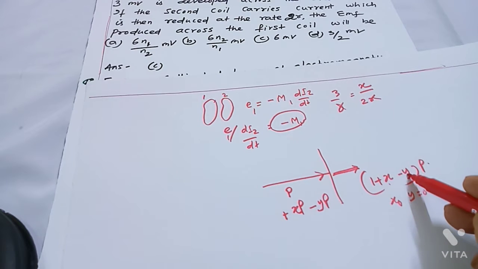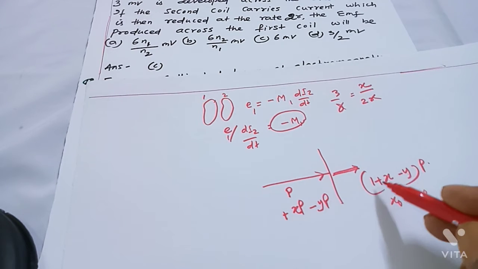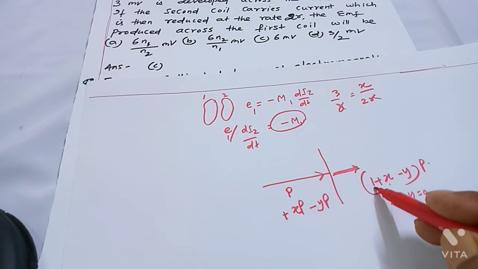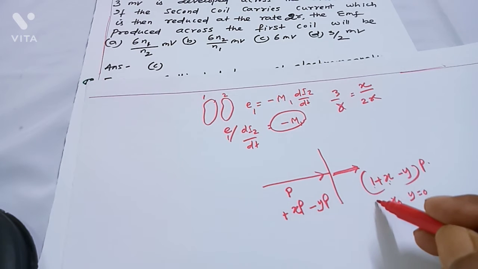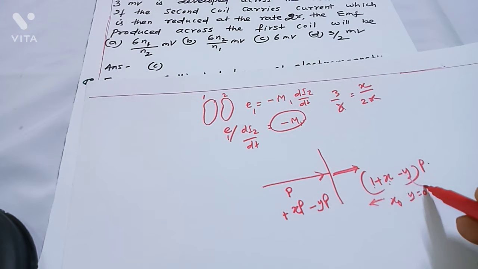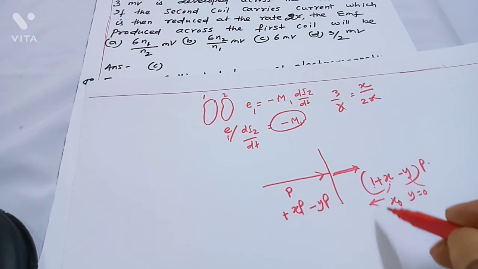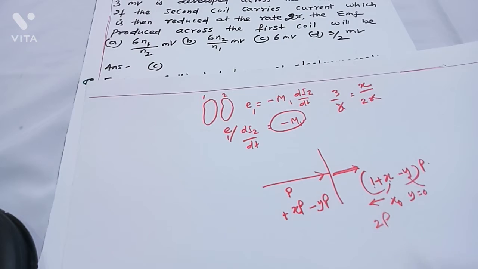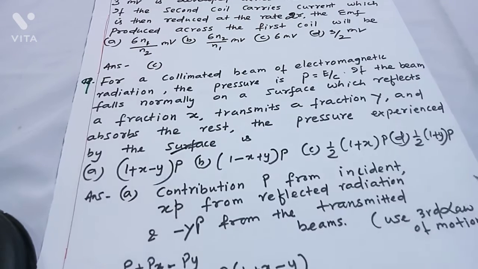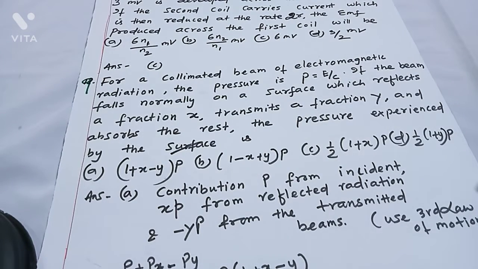Then the pressure exerted is equal to P. Supposing all the energy incident gets reflected, then Y equal to 0 and X equal to 1. So in that case, the pressure exerted is 2P. This is how we can find the solution, that the pressure exerted is P into (1 plus X minus Y).